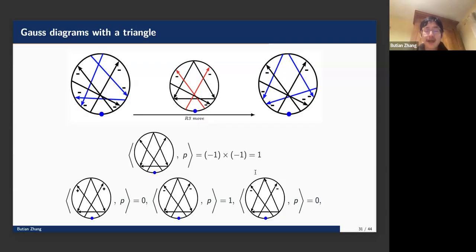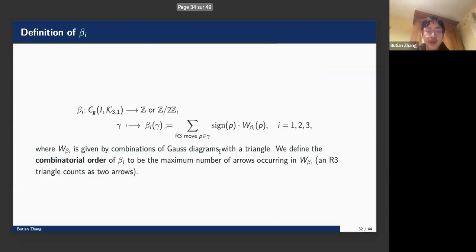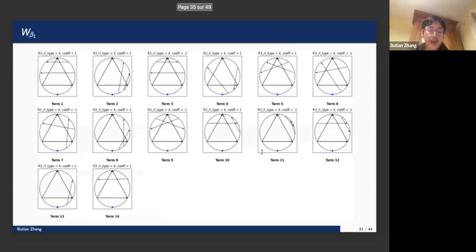And for our one-cocycles, the weight function is given by the linear extension using this bracket on the right master moves R3. Our one-cocycles beta 1, beta 2, beta 3 are all in this form, with the weight function W beta i given by Gauss diagram formulas. For example, for beta 1, it is given by Gauss diagram formulas of these combinations.